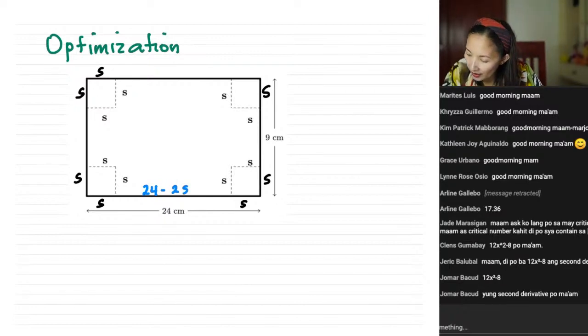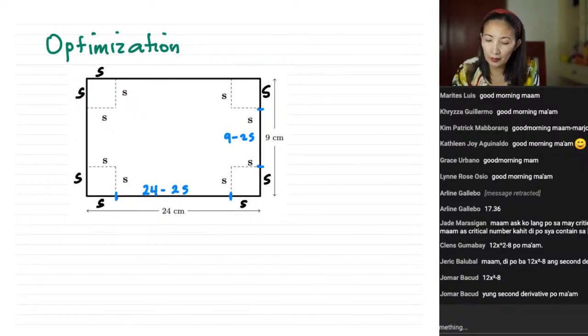What is this 24 minus 2s? It's this segment here. In like manner, if we cut out s and s from the width, then this one must be 9 minus 2s. Take note that I did not include the unit yet. Okay, going back to the problem, what is it asking for?